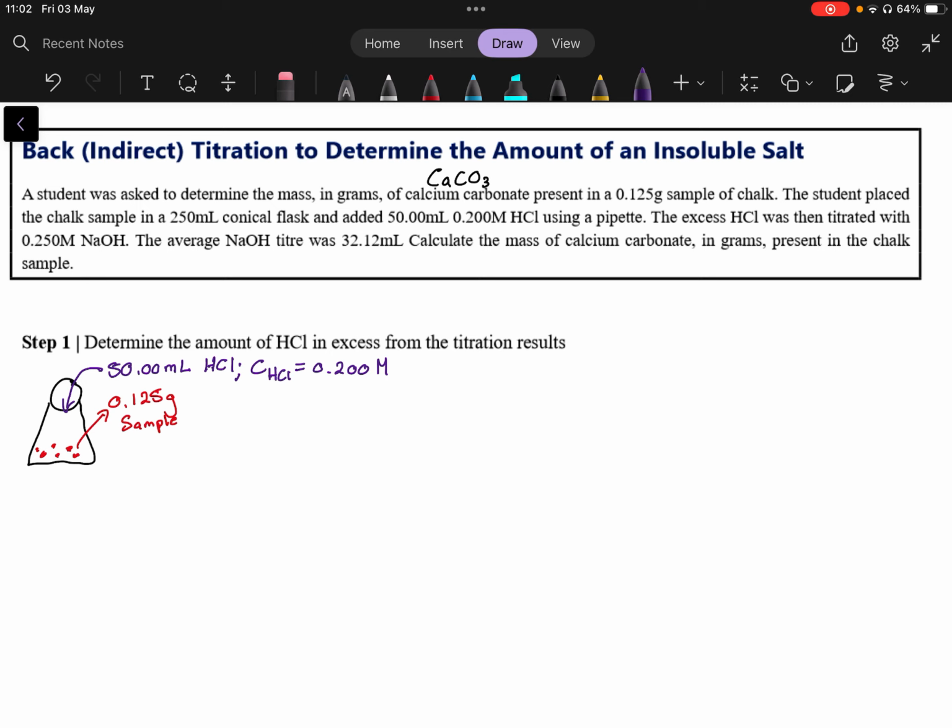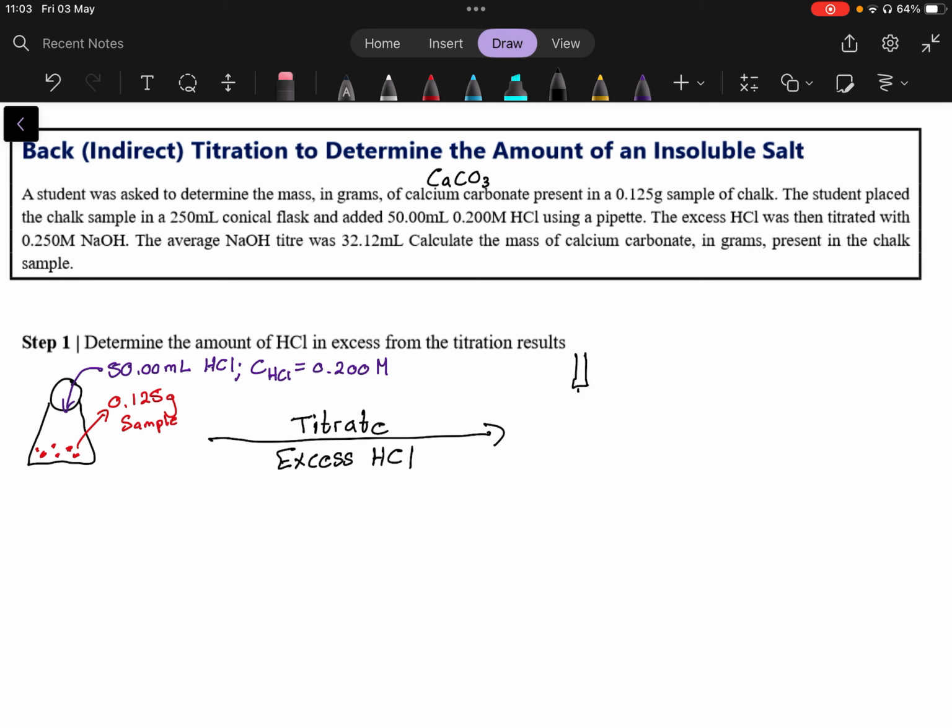And of course, the HCl is going to react with the calcium carbonate. And when you have a strong acid reacting with a carbonate, what forms? A gas. You have a gas forming reaction. But that's information for later on. We first need to look at the excess HCl that was then titrated. If we look at our timeline, what happens next is there's going to be excess HCl, and that is then titrated. So we want to titrate the excess HCl.